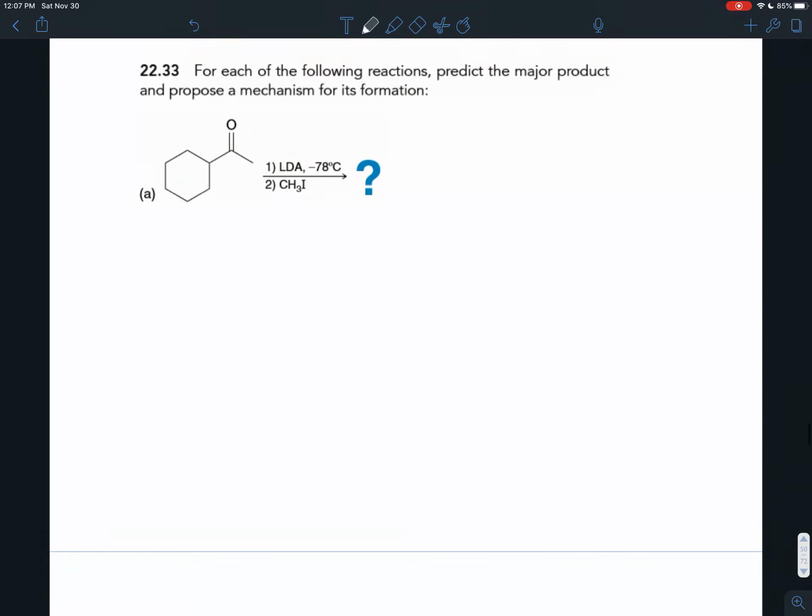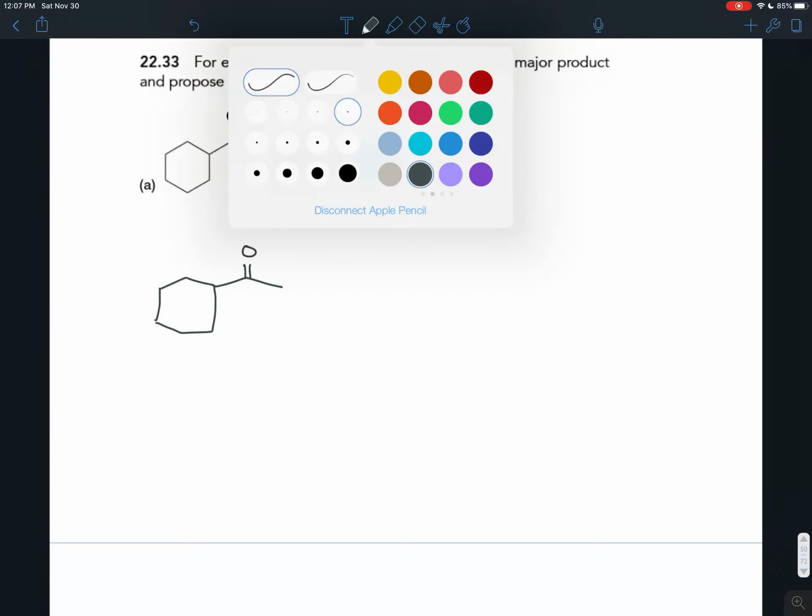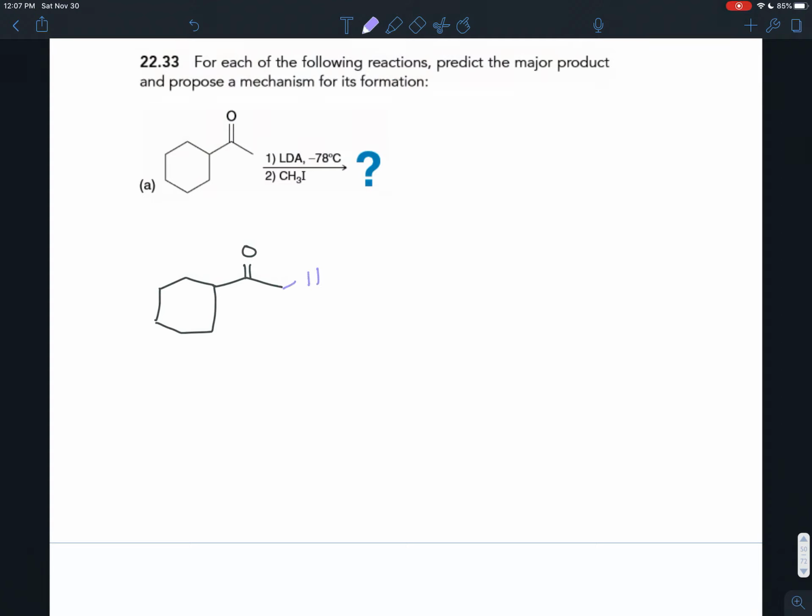Now there are two bases that we're going to see in this exercise, and they each fulfill a slightly different function. If you look at our original ketone here, we know that the alpha carbon will be able to be turned into a nucleophile if it has a hydrogen on it that can be stolen.